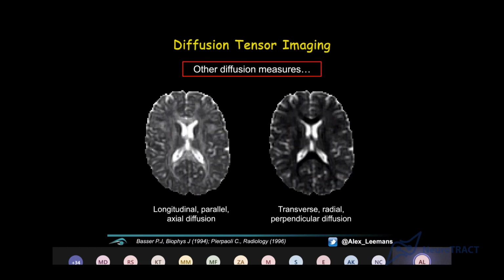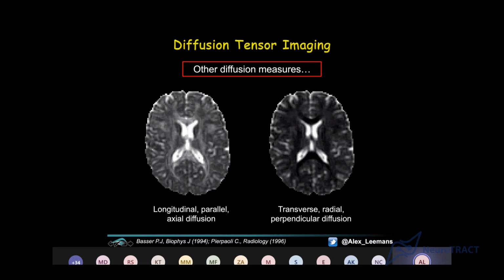Then there's even more types of diffusion. Well, we can split up the amount of diffusion in the component along the pathway, along the first eigenvector, or perpendicular to the first eigenvector. So if you focus, for instance, on the genu again, the front part of the corpus callosum, the longitudinal diffusivity will be high because there will be a lot of diffusion along the pathway.